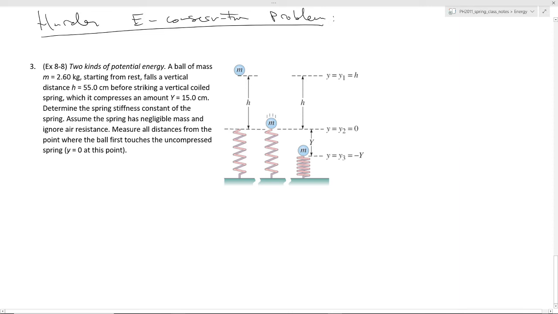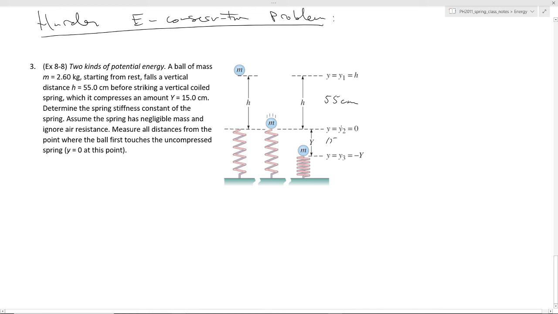A ball of mass m equals 2.6 kilograms is dropped from rest and falls a vertical distance h equals 55 centimeters, striking a vertically coiled spring, which it compresses by an amount 15 centimeters.